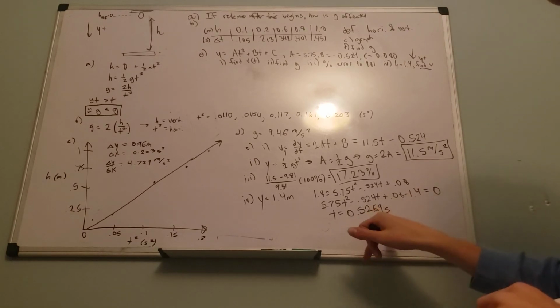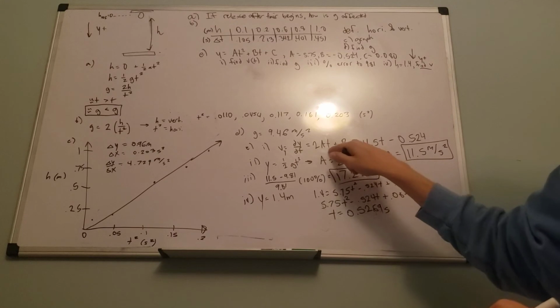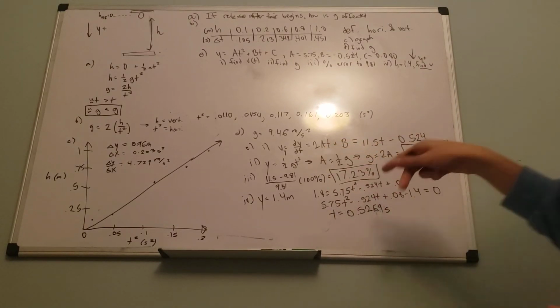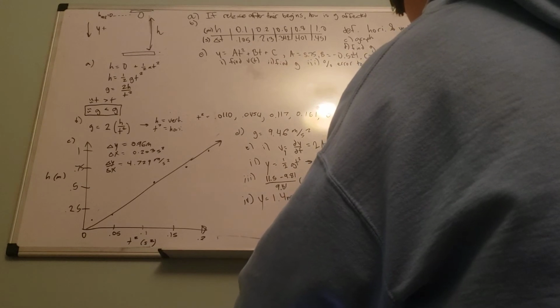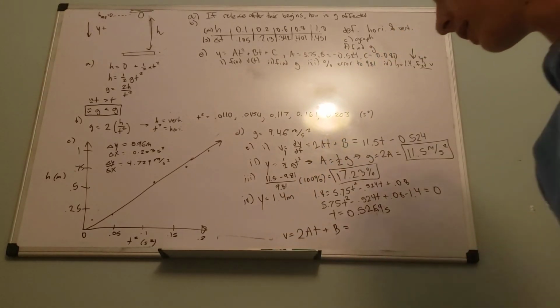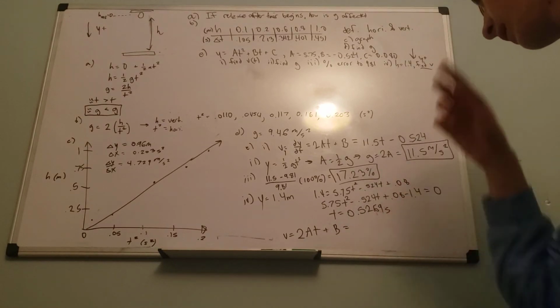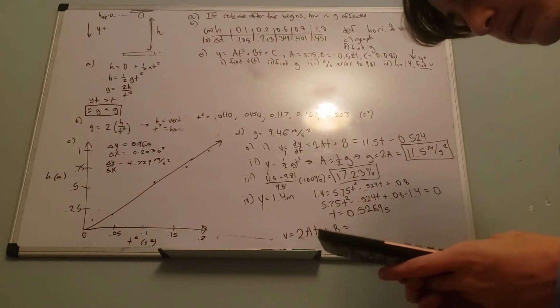Okay, so now we can use this, and we actually already have a velocity equation that we calculated in the first part of E. So we'll just plug that back in. Because now we know what a is, what time is, and what b is, because a and b are both given. I'll just plug that in.